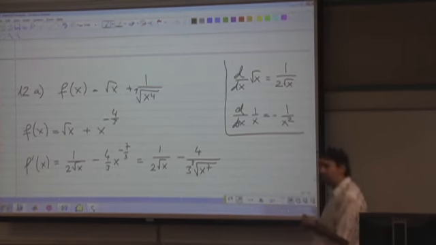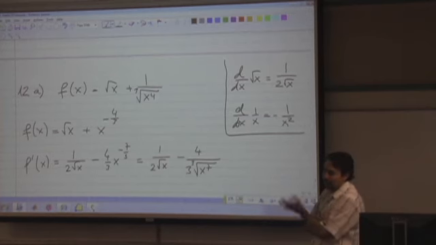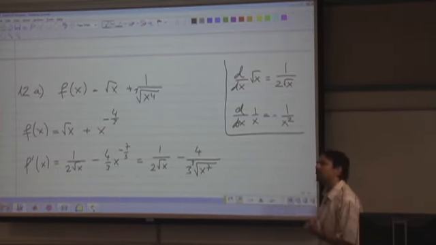Otherwise, if you look at a rational function, so when you actually have to apply the quotient rule, then as we've seen last time, you should simplify things because chances are they're going to be much simpler than your whole mess. Yes? Would you rather us write it when we bring the negative 7/3 back to the denominator? Would you rather us write it like that, or can we keep it as just 4 over 3x to the 7 positive?